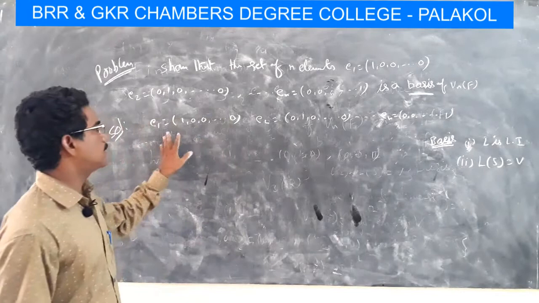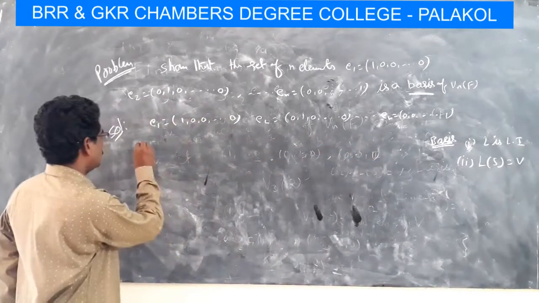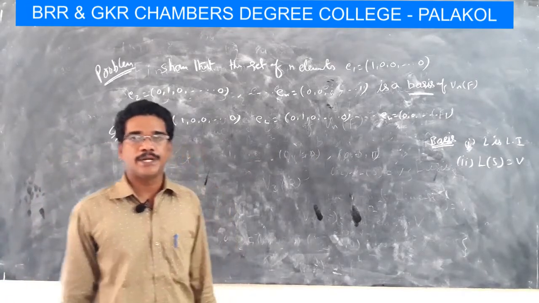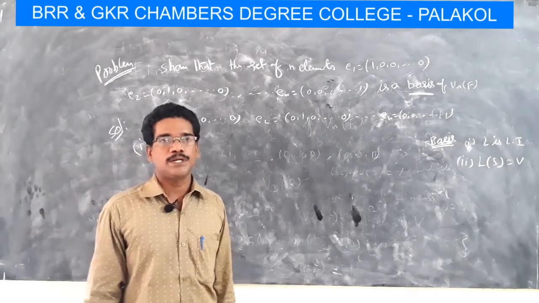So given e1, e2 up to so on en, first S is LI, that means linearly independent. Already we know the definition of linearly independent. What is the definition?